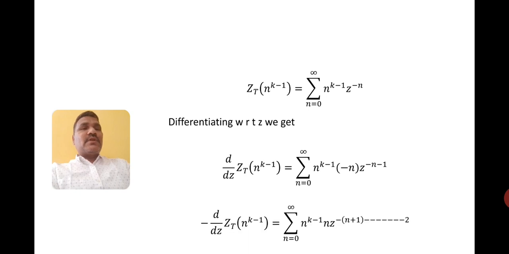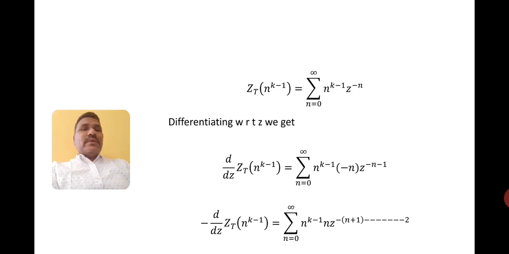The minus sign on the right-hand side I take to the left-hand side. So I take minus n z to the power minus (n plus 1) in common, and it becomes n plus 1. This is equation 2.